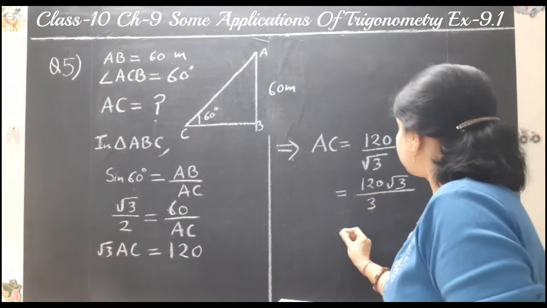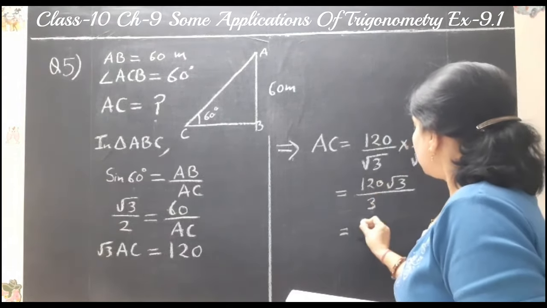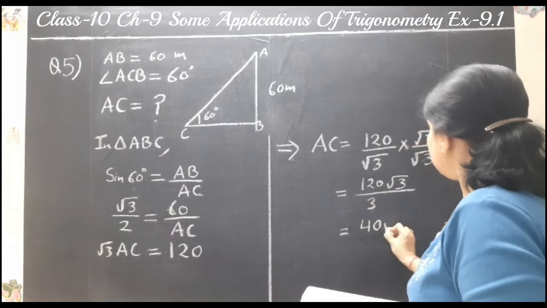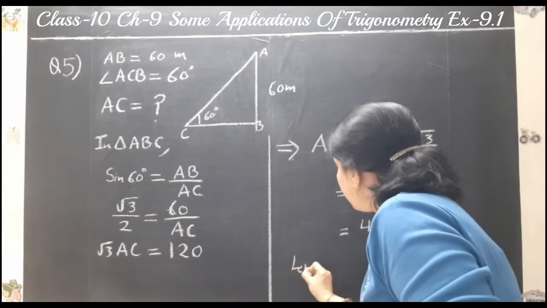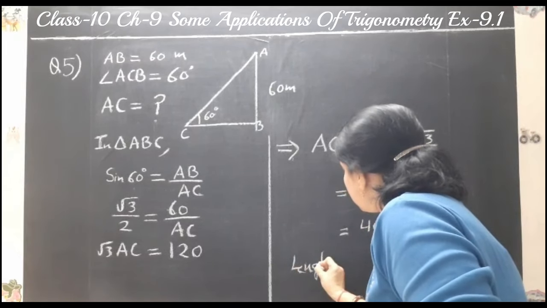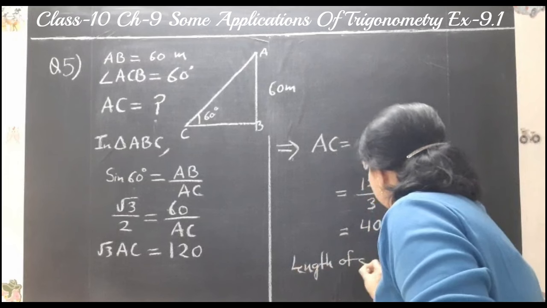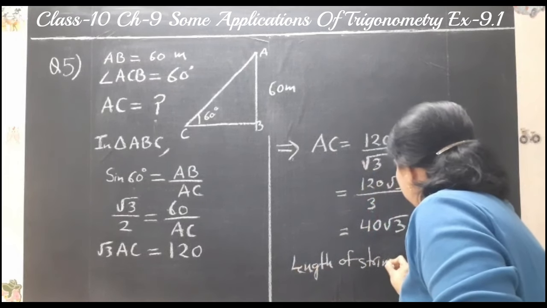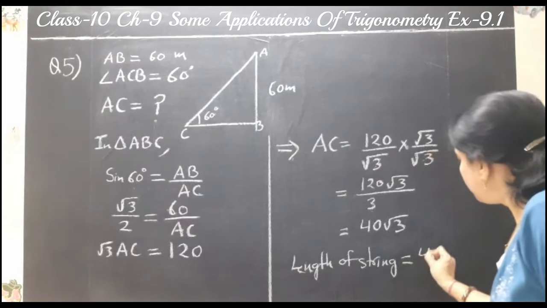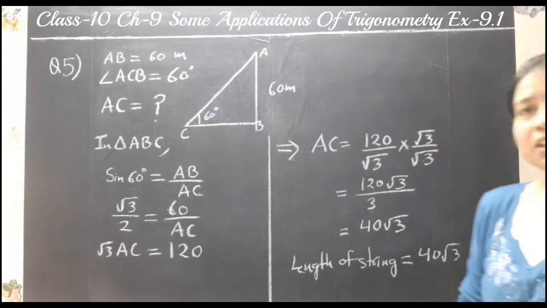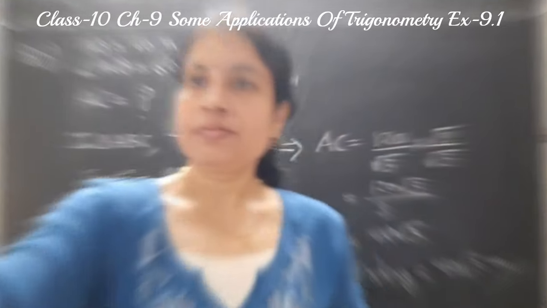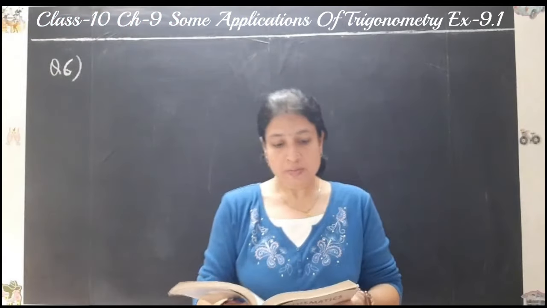We get 40 root 3. So the length of the string will be 40 root 3 meter. This is your answer. Our next question is question number 6.